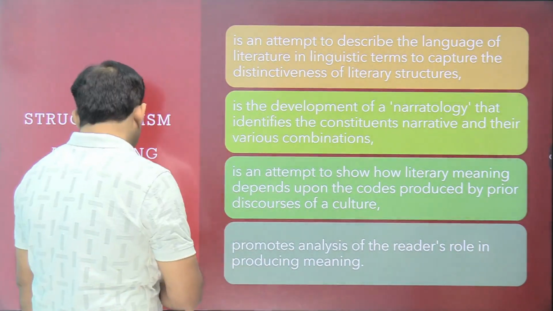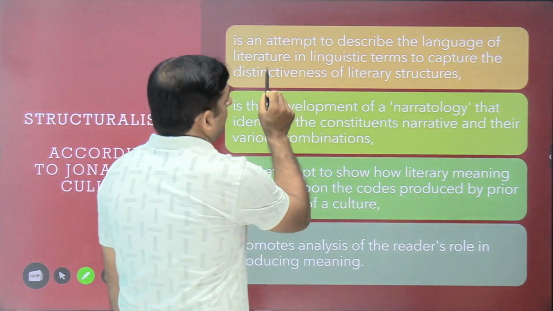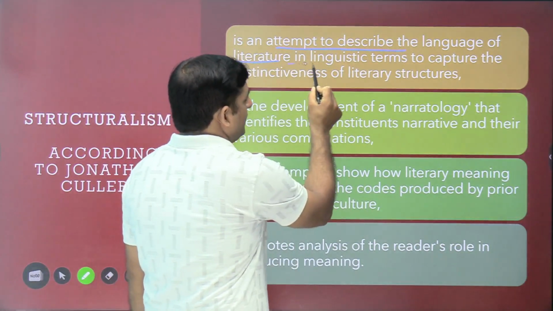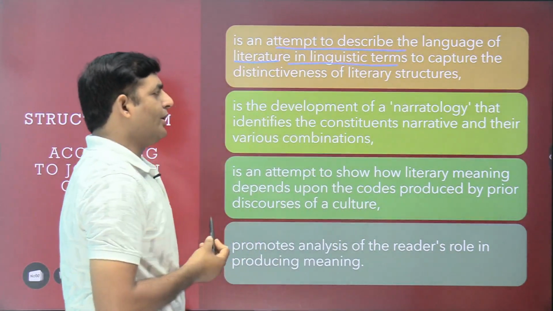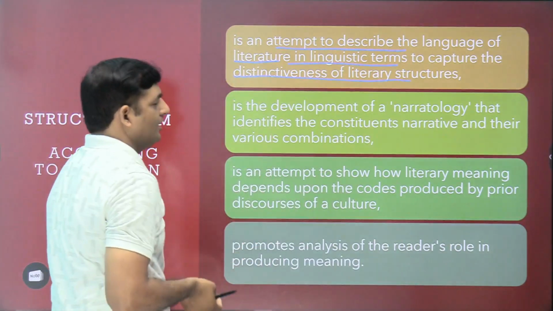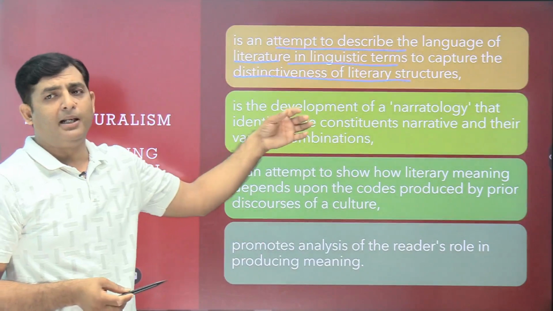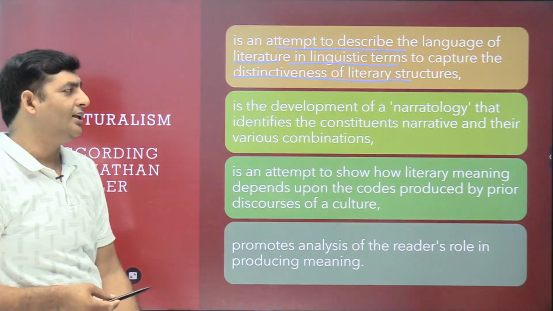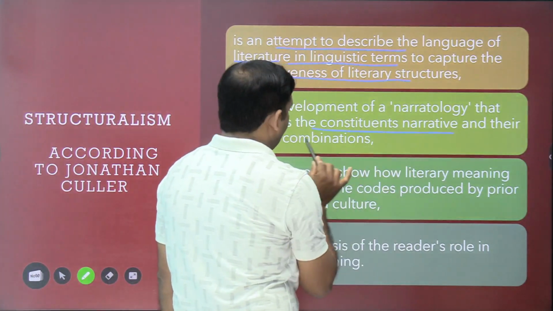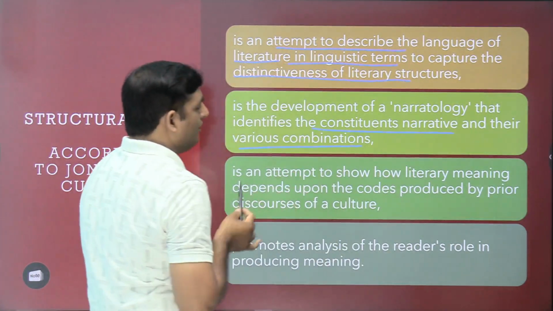Structuralism is an attempt to describe the language of literature in linguistic terms, to capture the distinctiveness of literary structures. Structuralism is the development of narratology that identifies the constituents of narrative and their various combinations.